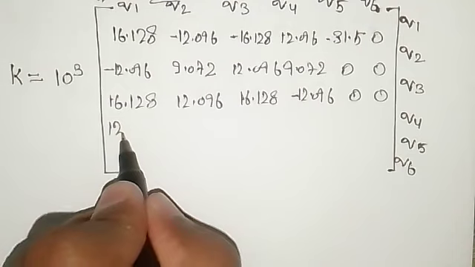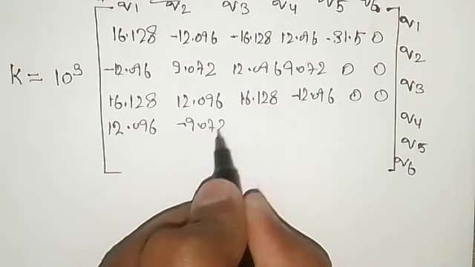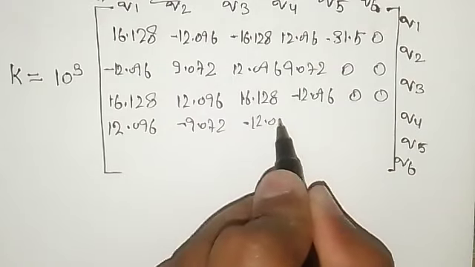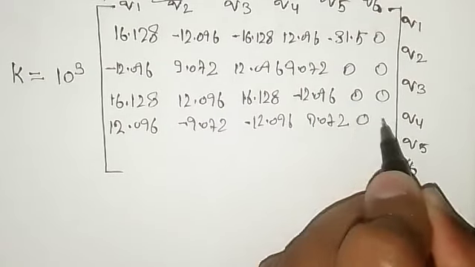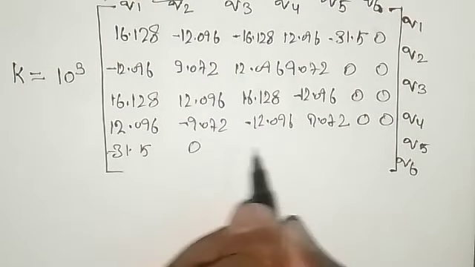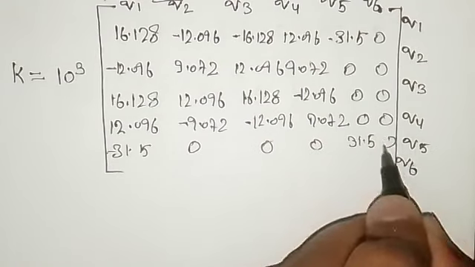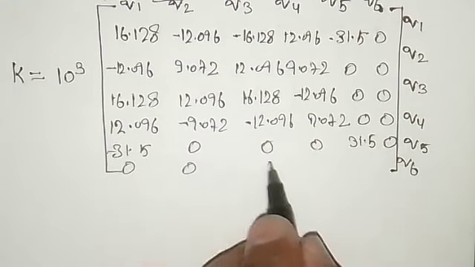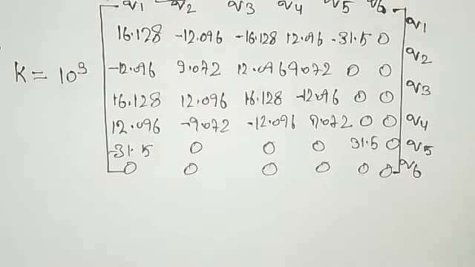Then there was the fourth, 12.096 minus 9.072 minus 12.096, 9.072, 0, 0. Fifth, we have minus 31.5, 0, 0, 0, 31.5 and 0. And the sixth one, we don't have anything, 0, 0, 0, 0, right? So this is how you added the matrices, and we got K.